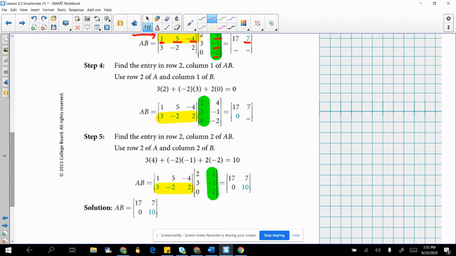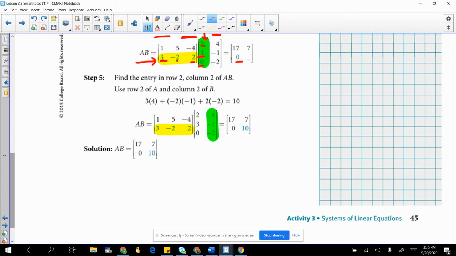Step 3. Now we're looking for row 2, column 1. So row 2 in matrix A times column 1 in matrix B. So we do 3 times 2, plus negative 2 times 3, plus 2 times 0. And you add those all up and you get 0 and put it in that second row, first column.